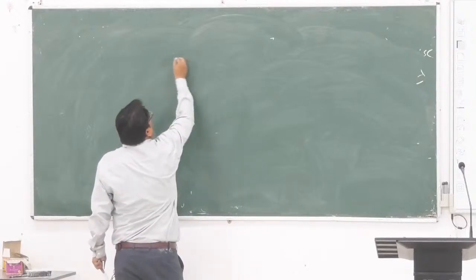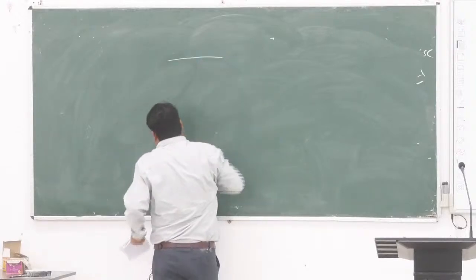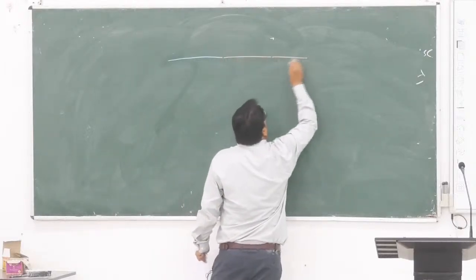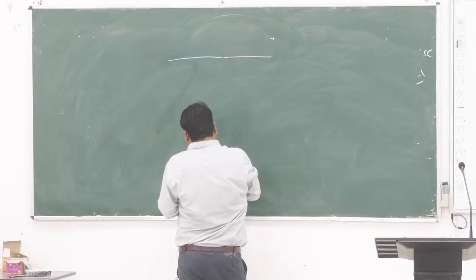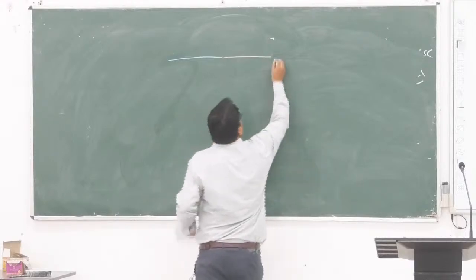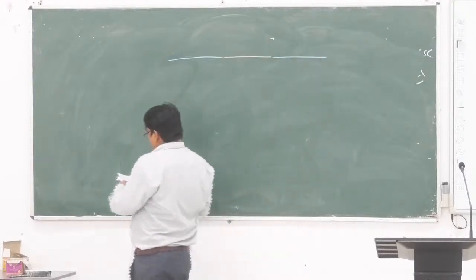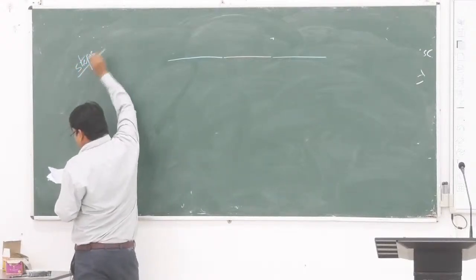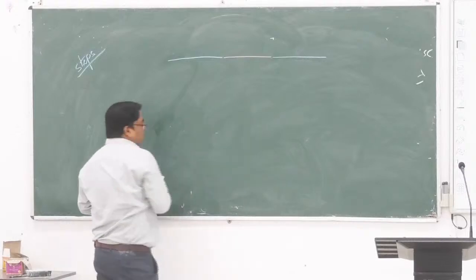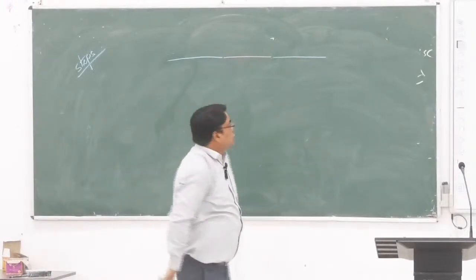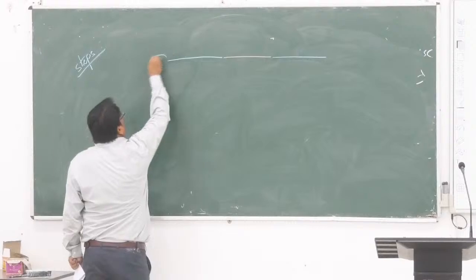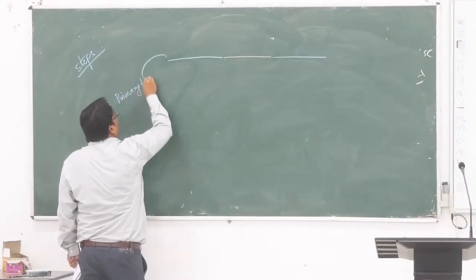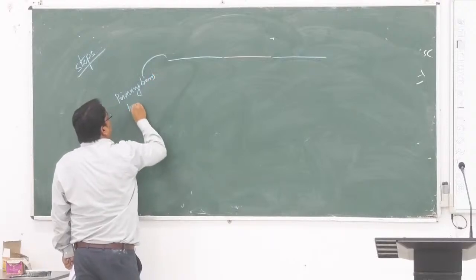Now simply, this is our primary transcript which contains exon, intron, and again exon. So in the self-mediated process, the first step is recognition of sequences. We also call this sequence the primary transcript, or hnRNA.